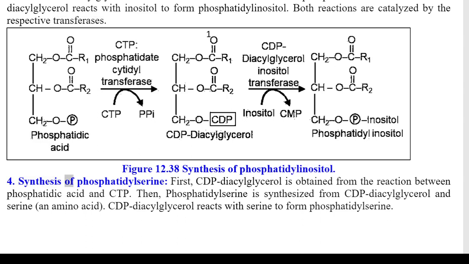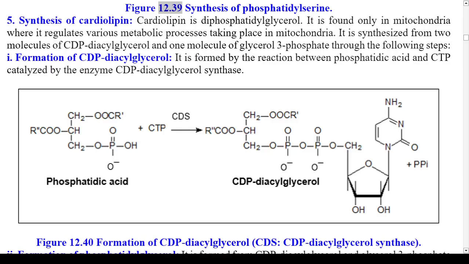4. Synthesis of phosphatidylserine. First, CDP-diacylglycerol is obtained from the reaction between phosphatidic acid and CTP. Then, phosphatidylserine is synthesized from CDP-diacylglycerol and serine, an amino acid. CDP-diacylglycerol reacts with serine to form phosphatidylserine. Figure 12.39 Synthesis of phosphatidylserine. 5. Synthesis of cardiolipin. Cardiolipin is diphosphatidylglycerol.